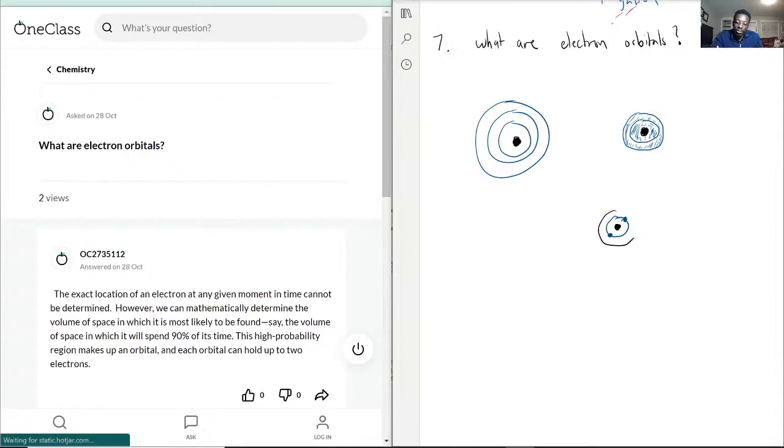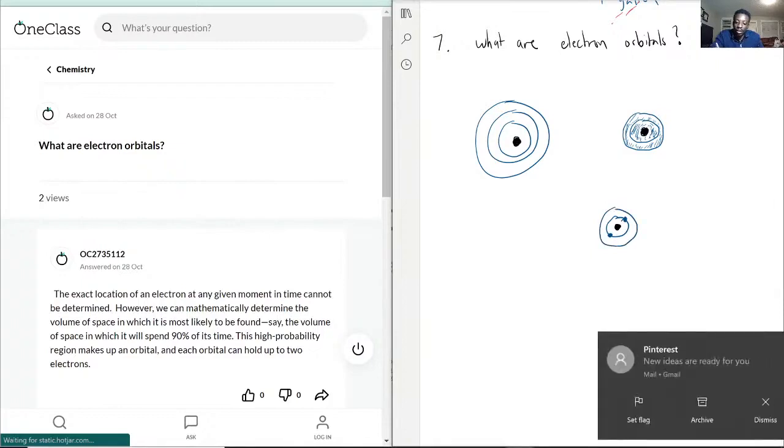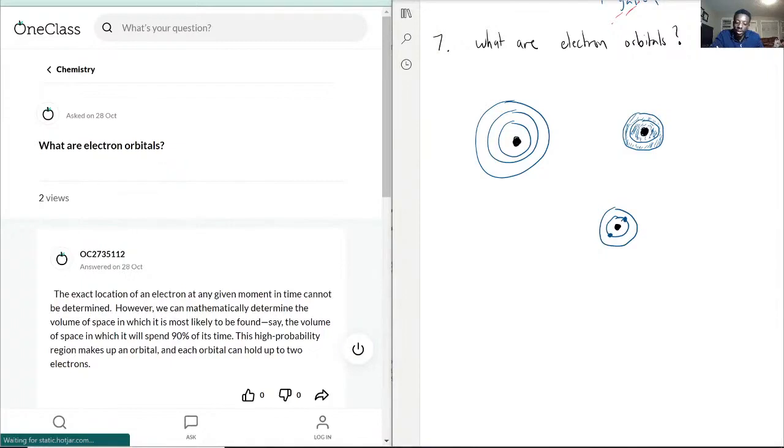Now, the second shell, oh no, I erased the wrong one. The second shell, that's what I'm trying to draw here, has 4 subshells, because in total it can fit 1, 2, 3, 4, 5, 6, 7, 8 electrons in it.